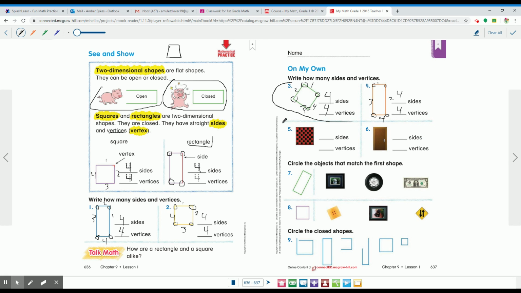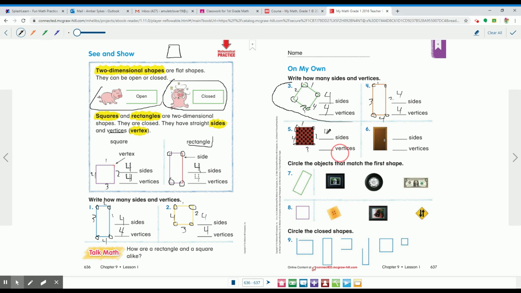Now they're giving us a real world device that isn't a shape. What is this? This is a checkerboard, but it's also in the shape of a square. So let's count, guys. 1 side, 2 side, 3 side, 4 side. How many vertices does it have? 1, 2, 3, 4.